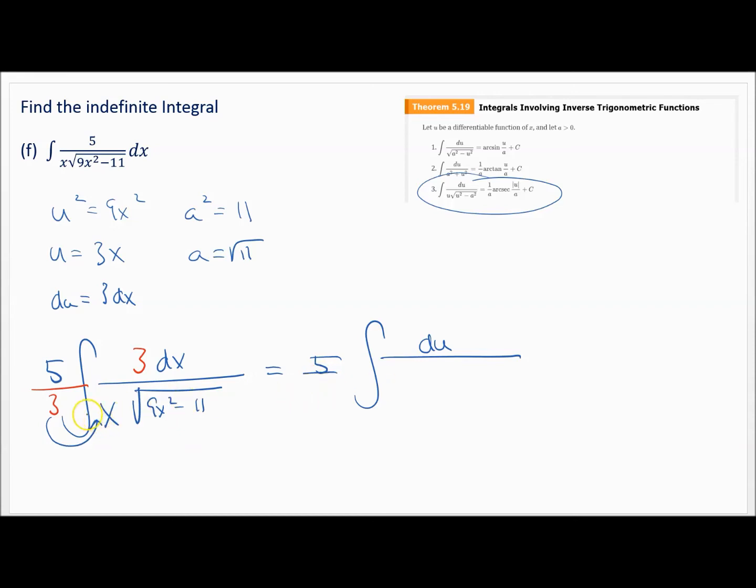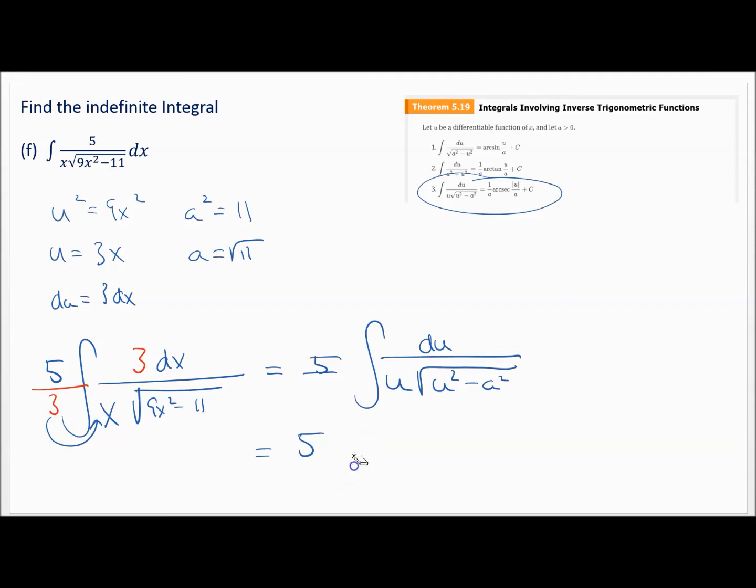Let's have it back in here. So that 3 is inside. So there's u. And you have the square root of u squared, because 9x squared is u squared, minus a squared. So notice that's in the exact form of arc secant. Now I'll just use the formula. And that little old 5, he's still hanging out. There's 5, and that's the integral.